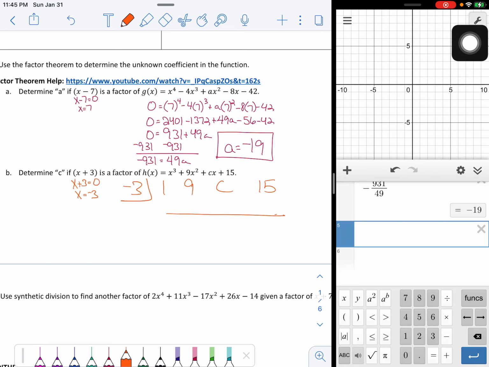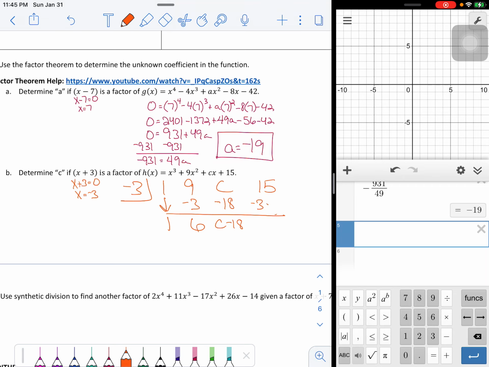All right, a little bit of workspace here. Drop my first value. That's going to be 1. Negative 3 times 1 is negative 3. Add straight down, 6. Negative 3 times 6 is negative 18. Add straight down, so c minus 18. Now I'm still going to take that value and multiply it times negative 3.